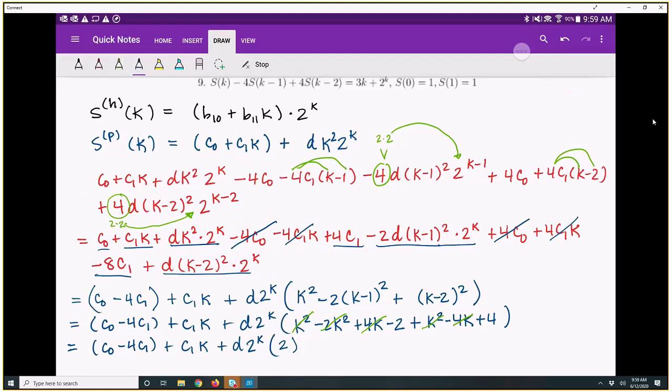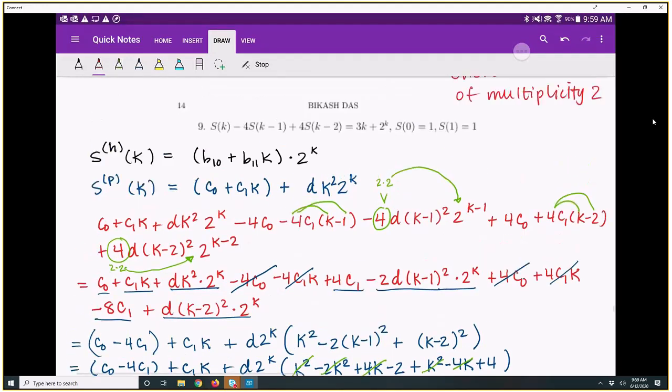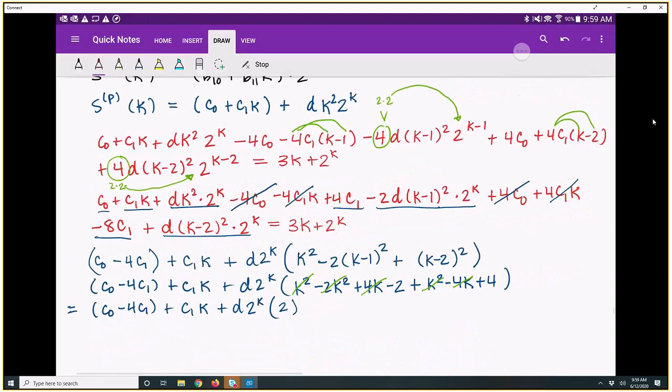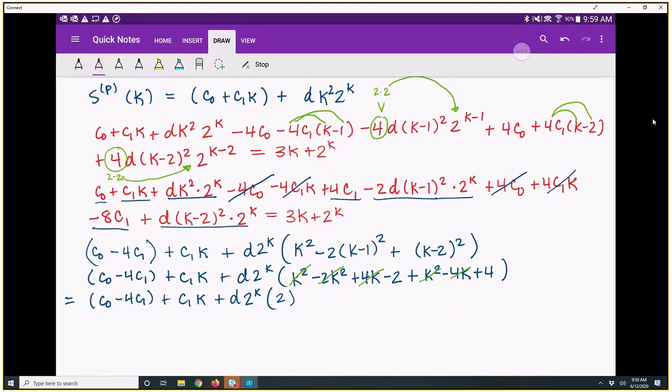And now, one mistake I made when I substituted this in: I should have been writing it as equal to 3 times k plus 2 to the power k all along. So I'm just going to write those back in now. In each step, I have this on the right-hand side of my equation.